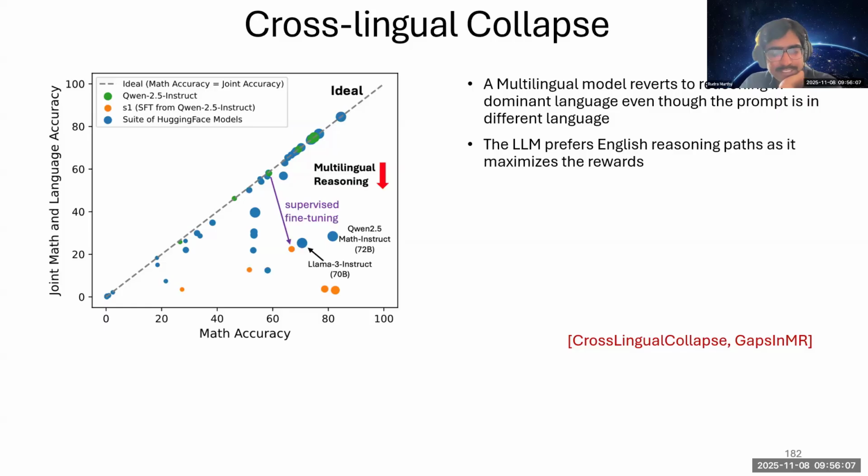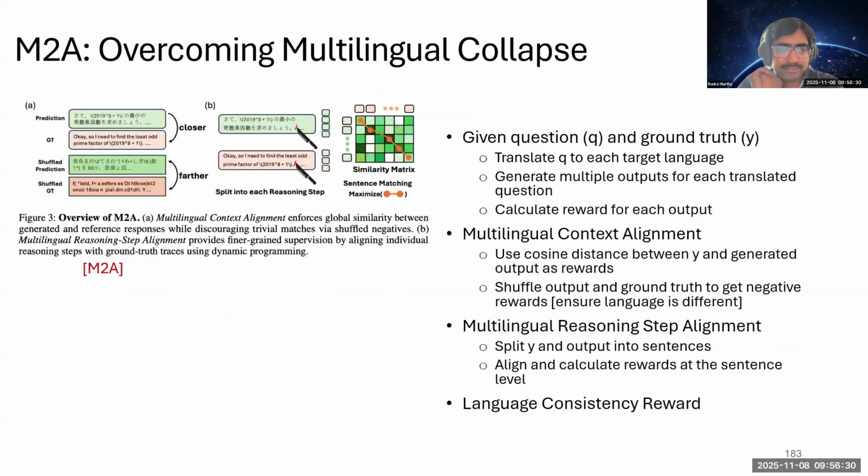If the language of the reasoning trace matches the language of the query, then it's a 1, otherwise it's a 0. So ideally, we want it to lie on this diagonal, but what we see is existing models fare far away from this ideal point, indicating that the reasoning language is not always the language of the query. Moving on to the next slide.